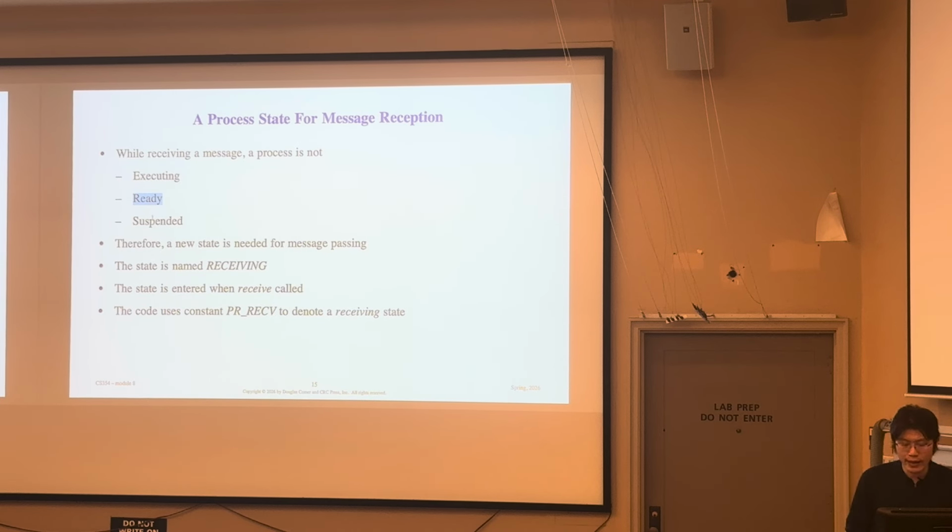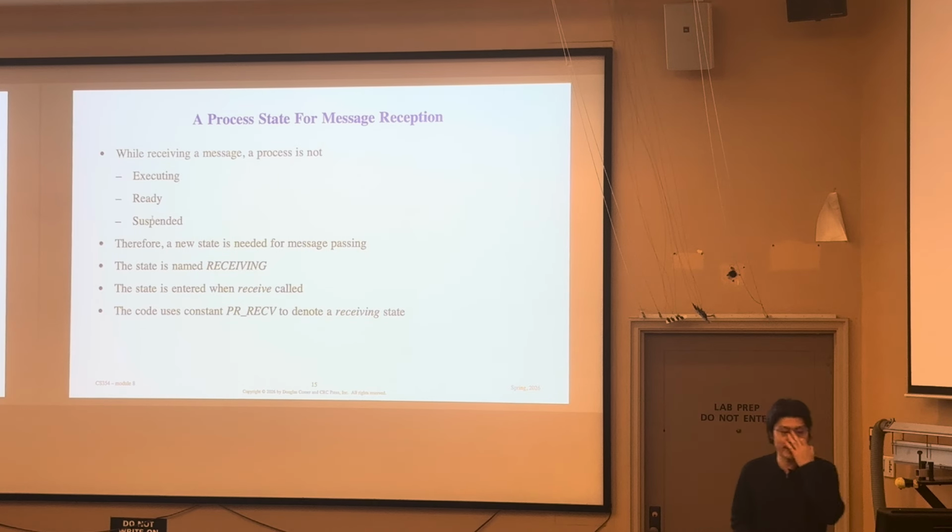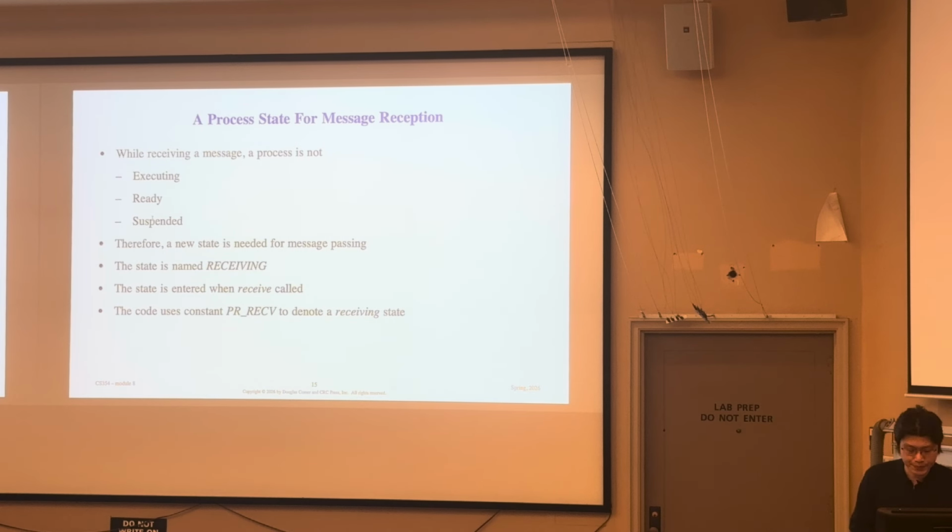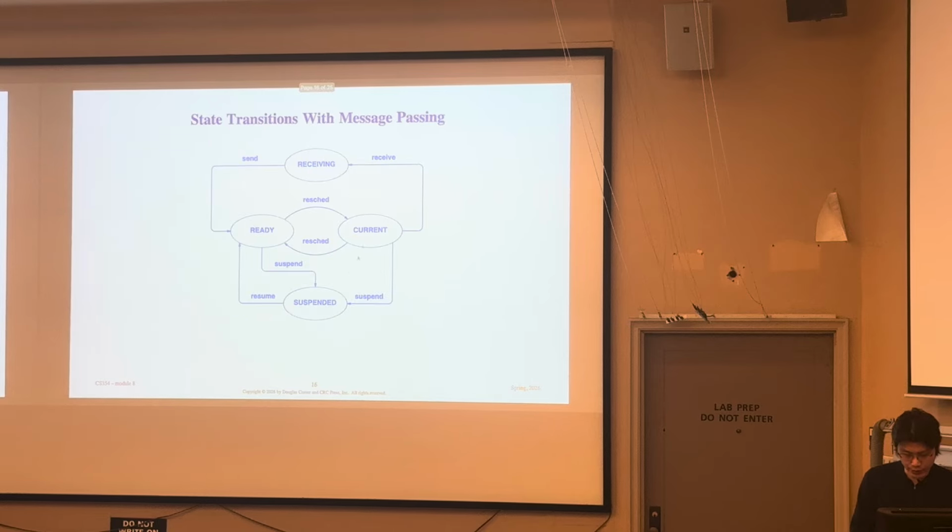It's not ready, and it's not suspended. It's just waiting for the message to be received. Therefore, a new state called receiving is added. The state is entered when receive is called, and the code uses PR receive to denote the receiving state. So this is the diagram.